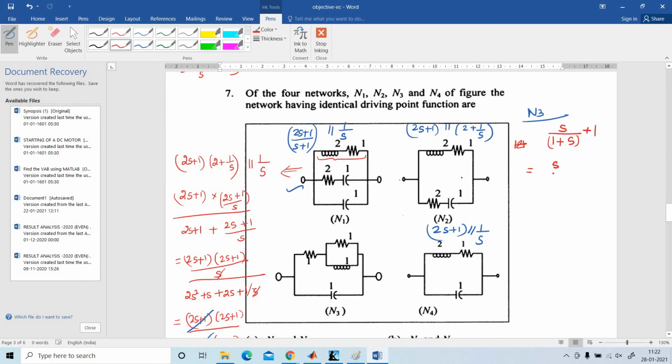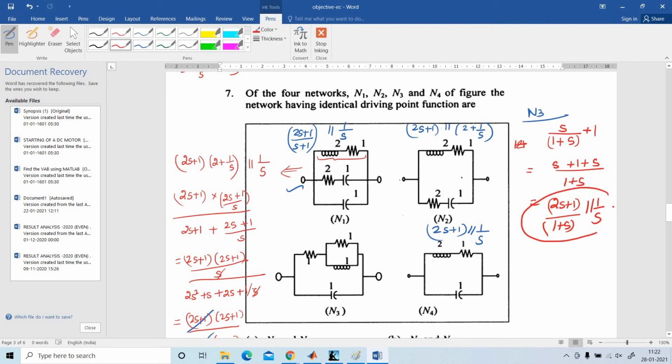So s plus 1 plus s divided by 1 plus s. So 2s plus 1 divided by 1 plus s. That is in parallel with 1 by s.